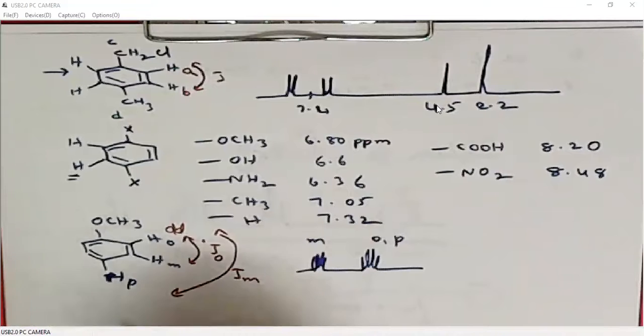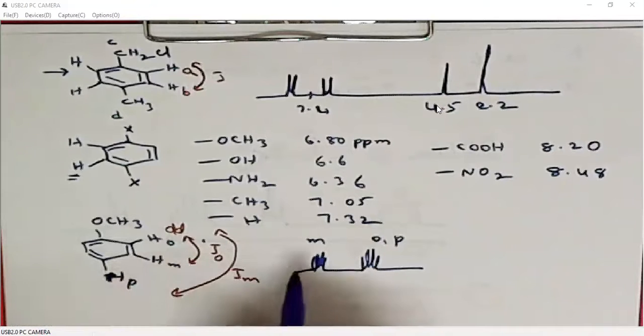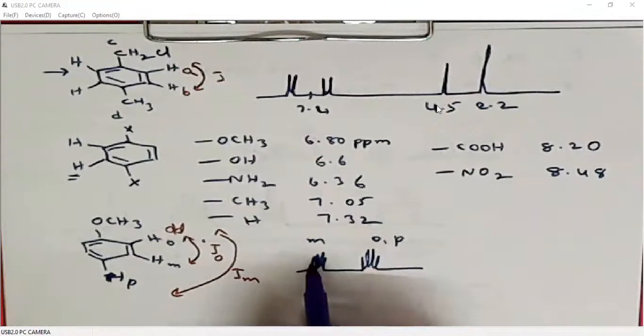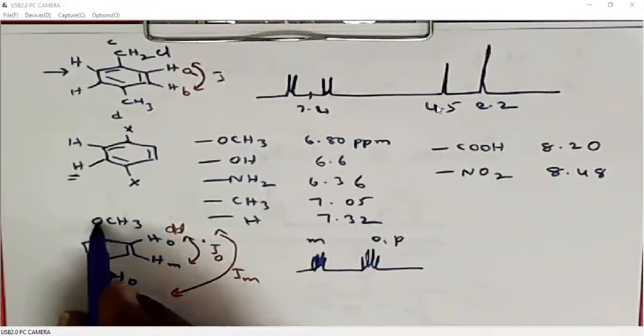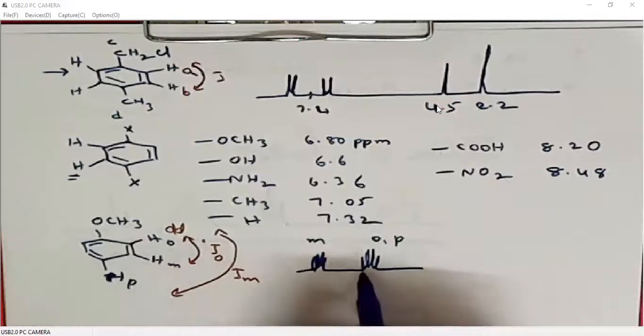Why? The electron releasing group can directly interact with the ortho and para positions. That means it will release more electron density to the ortho and para positions. That is why they appear at a low delta value compared to meta.